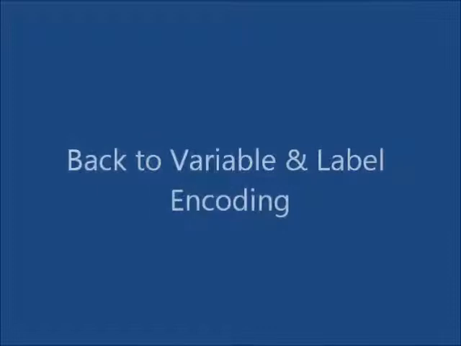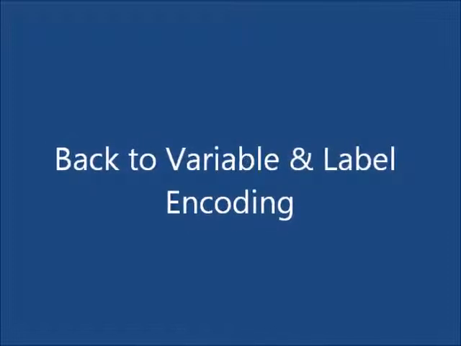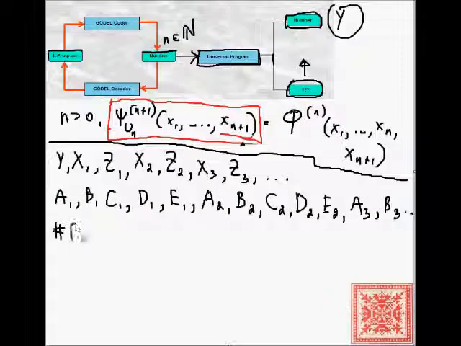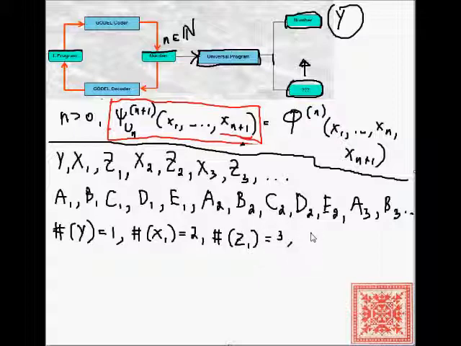Let's remind ourselves of the variable and label encoding, because we will need these encodings when we talk about how to encode the state of the program. Remember, we defined functions that map the variable to a number, its place in the infinite sequence of variables. The number of y is 1.